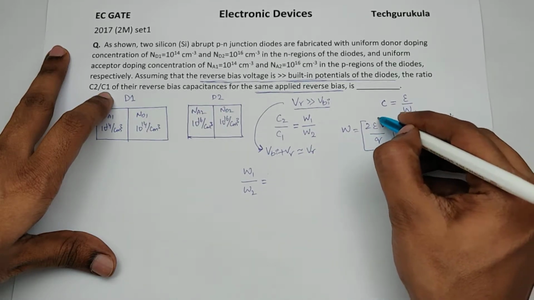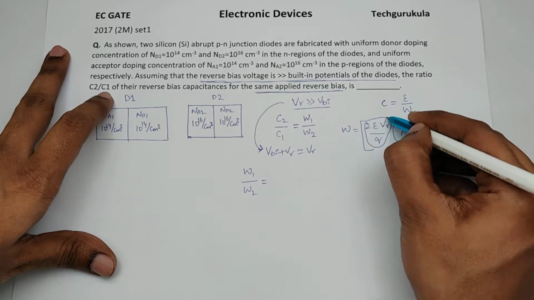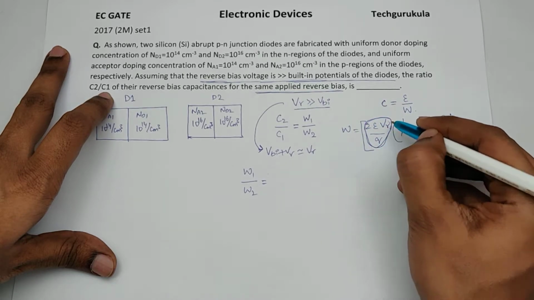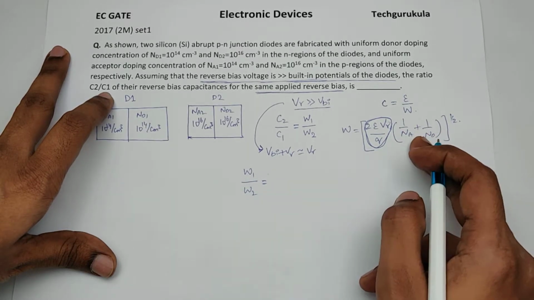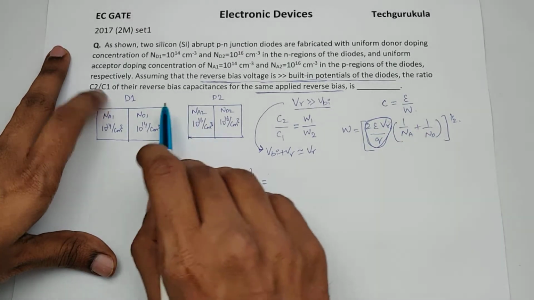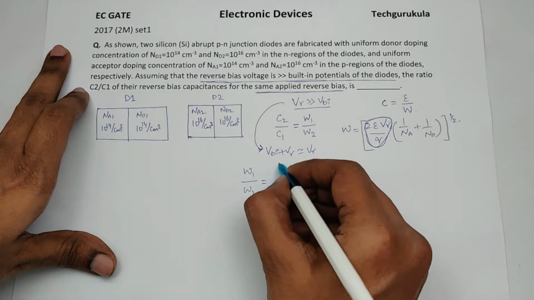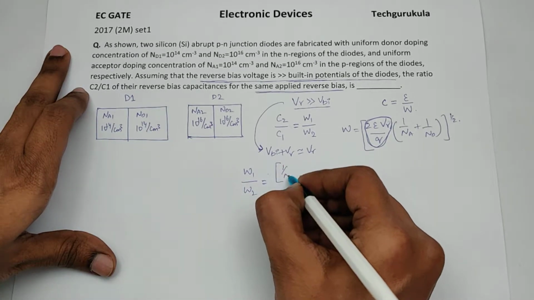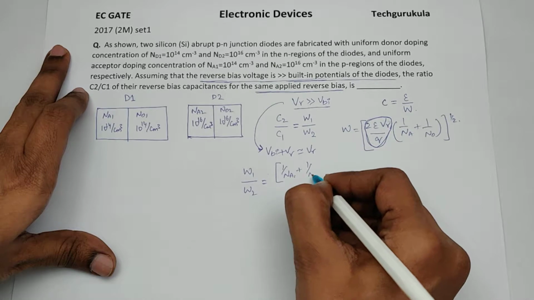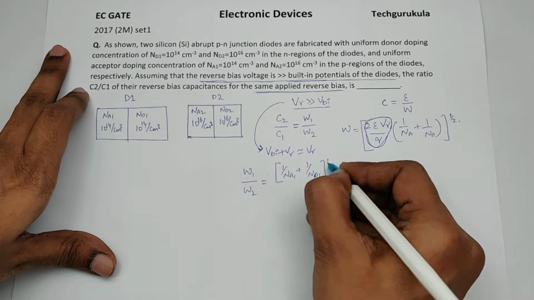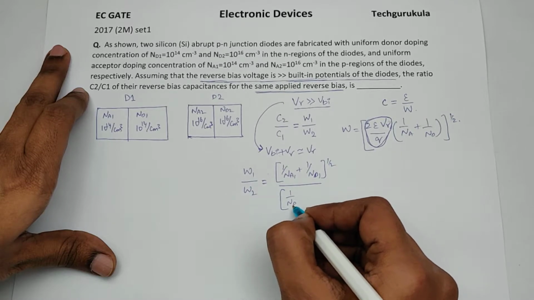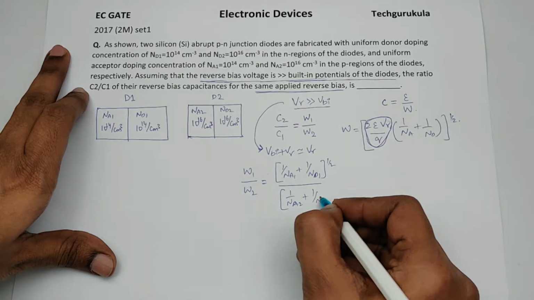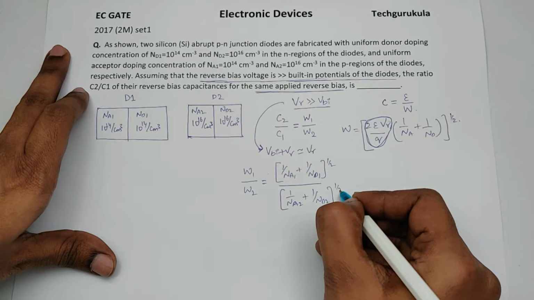This entire term would get cancelled when we take the ratio. Okay, W1 by W2. What remains is the doping concentrations which are not same as given. So I am going to write here, that is 1 over Na1 plus 1 over Nd1 whole power half divided by 1 over Na2 plus 1 over Nd2 whole power half.